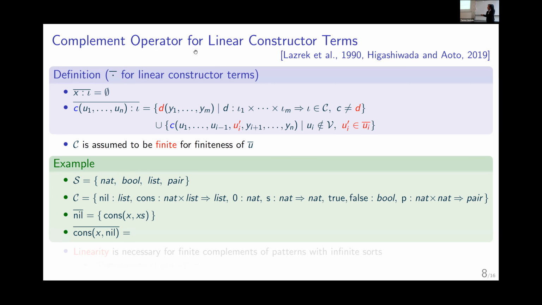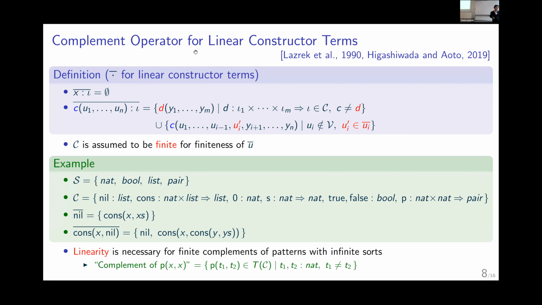Then for the second case, we replace cons by nil, and this is one of the components. And then we keep cons, and we put x here because x has no symbols. And then we replace nil by cons, and we put fresh variables, and then we finish the computation. These two are the complement of this pattern, this constructor term.